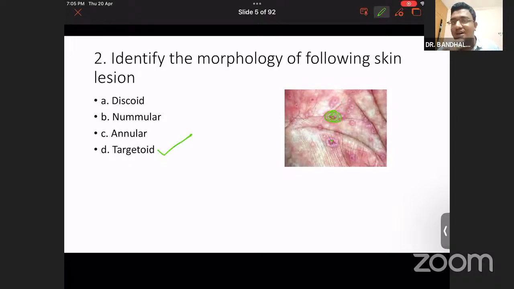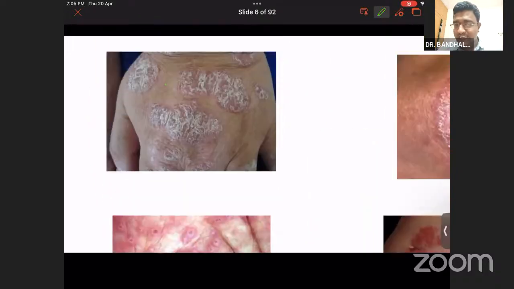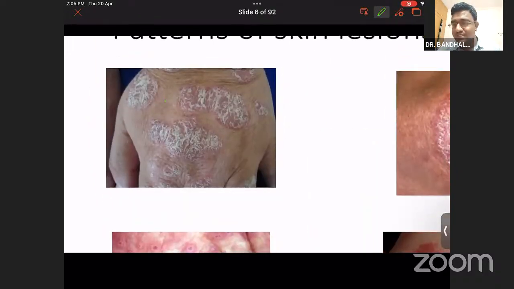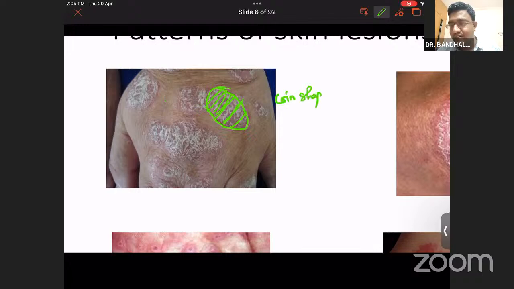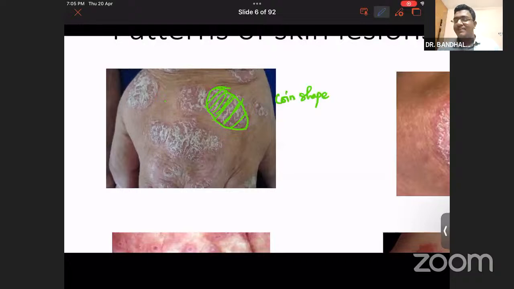Now we will see how discoid, nummular, annular lesions look like. Here, if you see in this lesion, it is a case of psoriasis, by the way. The entire lesion is elevated, right? Or coin shape. You can remember a coin. If the lesion is looking like a coin, the entire thing is elevated, which is known as discoid or nummular. Both are same.